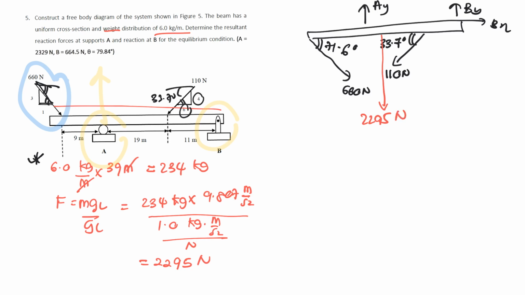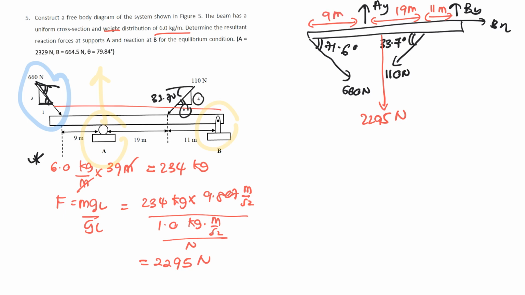Next you need to put all the lever arms to make it easy for you to refer: 11 meter, this one 19 meter, and this one 9 meter.